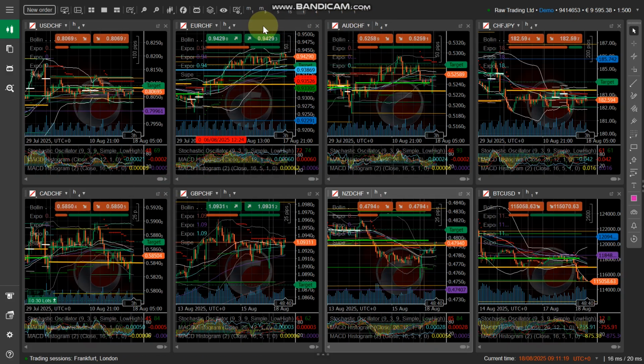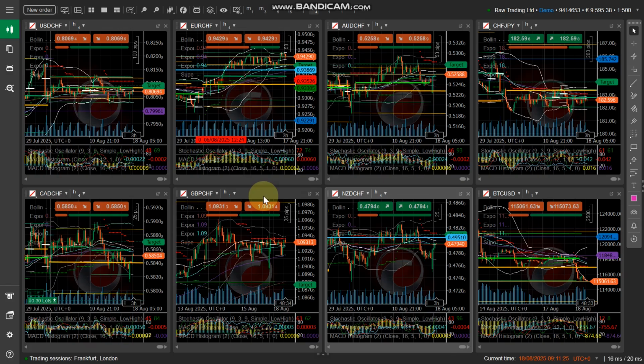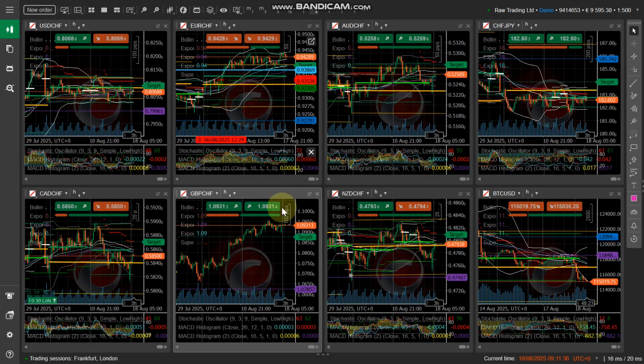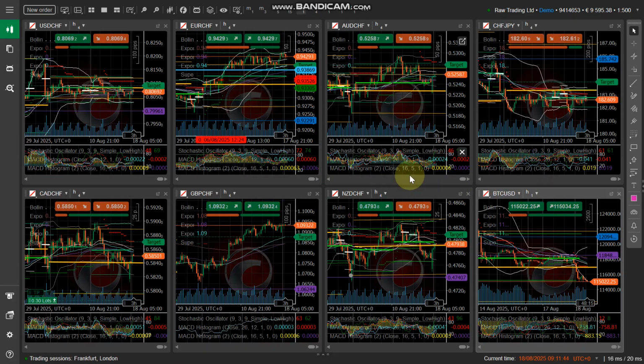Let's look at it, 4 hours. Let's put this back into synchronize, 4 hours. Look at that. Going up. GBP. Put it back to 4 hours so I don't get confused. All in 4 hours except Bitcoin.